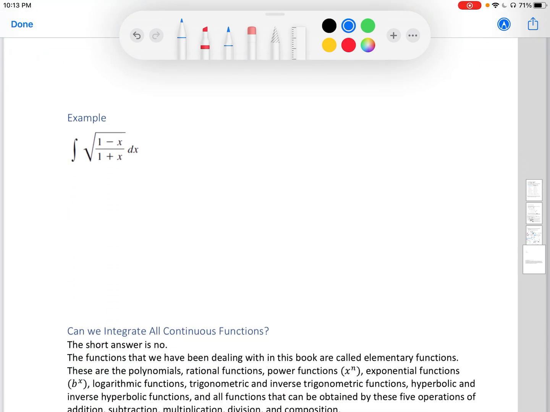For the next one, we see that we have a radical and we have 1 minus x divided by 1 plus x. A helpful way to begin, that I don't feel like we practiced enough, is to rationalize the denominator.